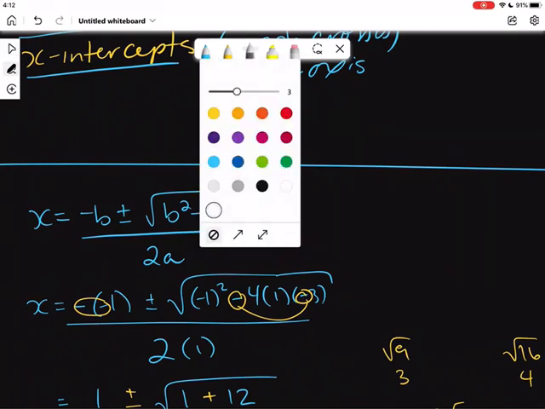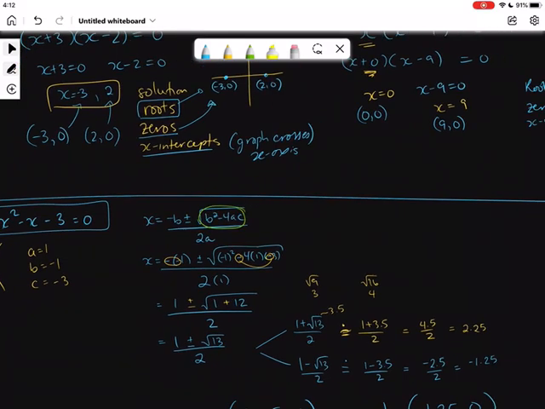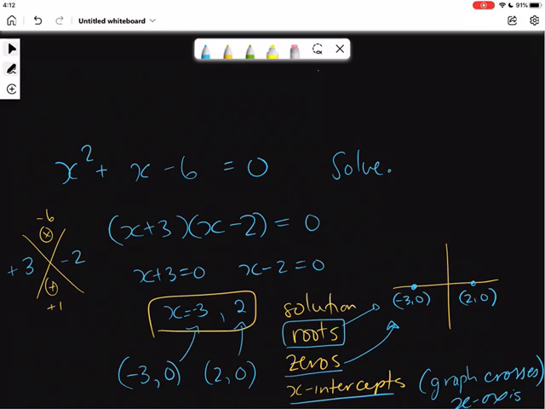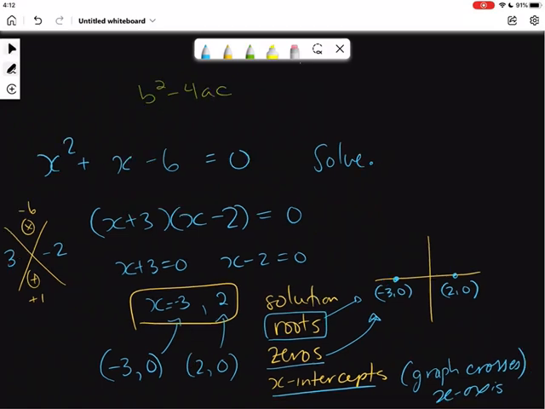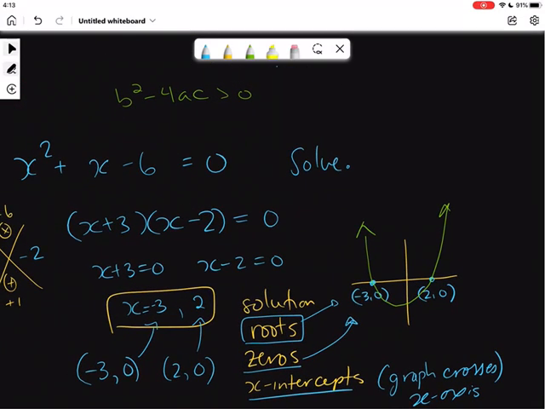Remember the discriminant is this part of the quadratic formula, the b squared minus 4ac. In this equation I know I have two roots, I know my graph goes like this, which means that b squared minus 4ac should be greater than 0.